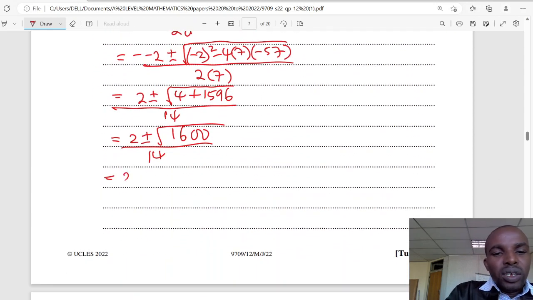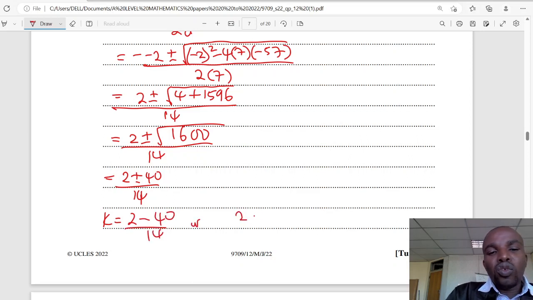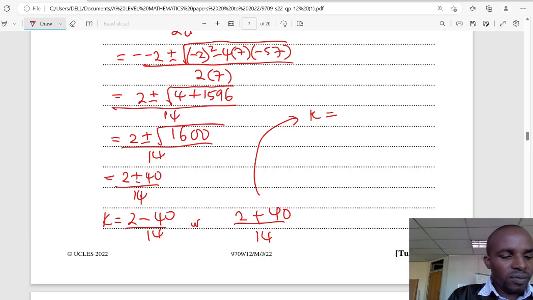So it will be 2 plus or minus 40 over 14. Right? So you get your k is equals to 2 minus 40 over 14, or 2 plus 40 over 14. So if you take the first side, you get k is equals to 2 minus 40, which is negative 38, divided by 14.